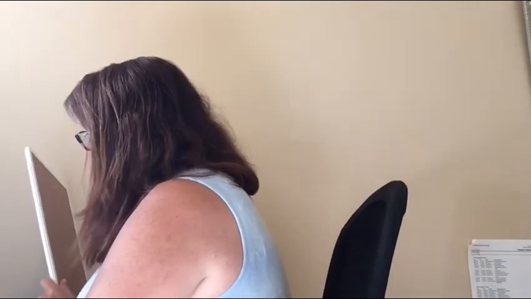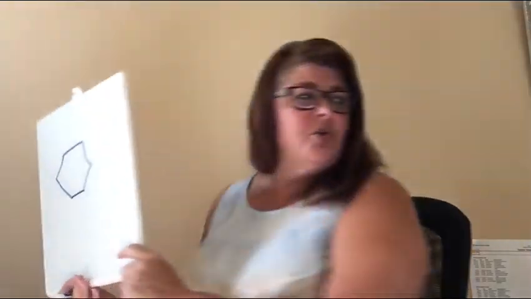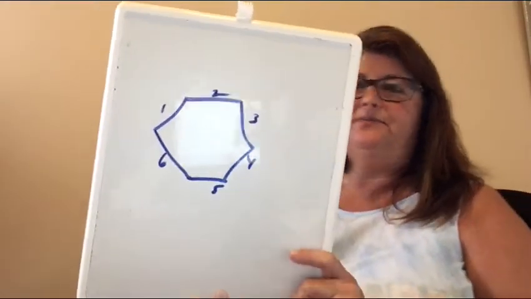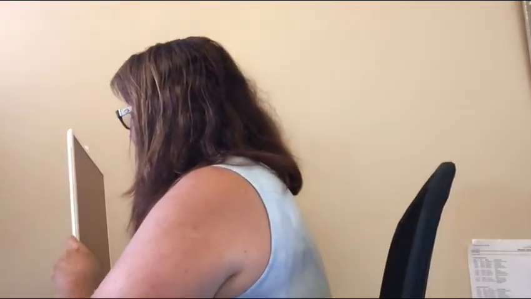Mine looks like this. Did I show you a picture of one? No, okay. So, this is my hexagon. I have 1, 2, 3, 4, 5, 6 sides. See my 6 sides?